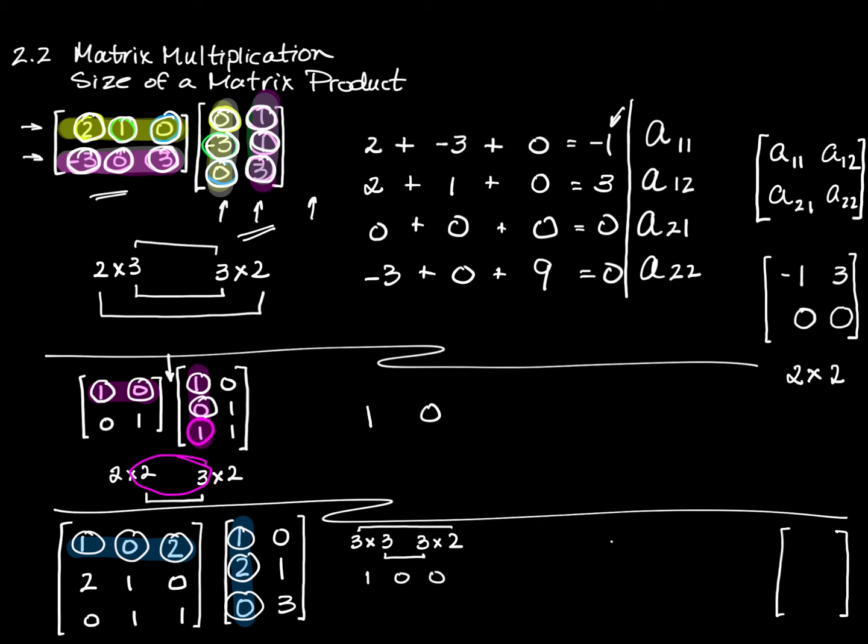That's my A11 entry, and that's 1. Then I'll do my first row, second column, and I get 1 times 0, 0 times 1, 2 times 3: 0 plus 0 plus 6, and that's my A12 entry, and that is 6.